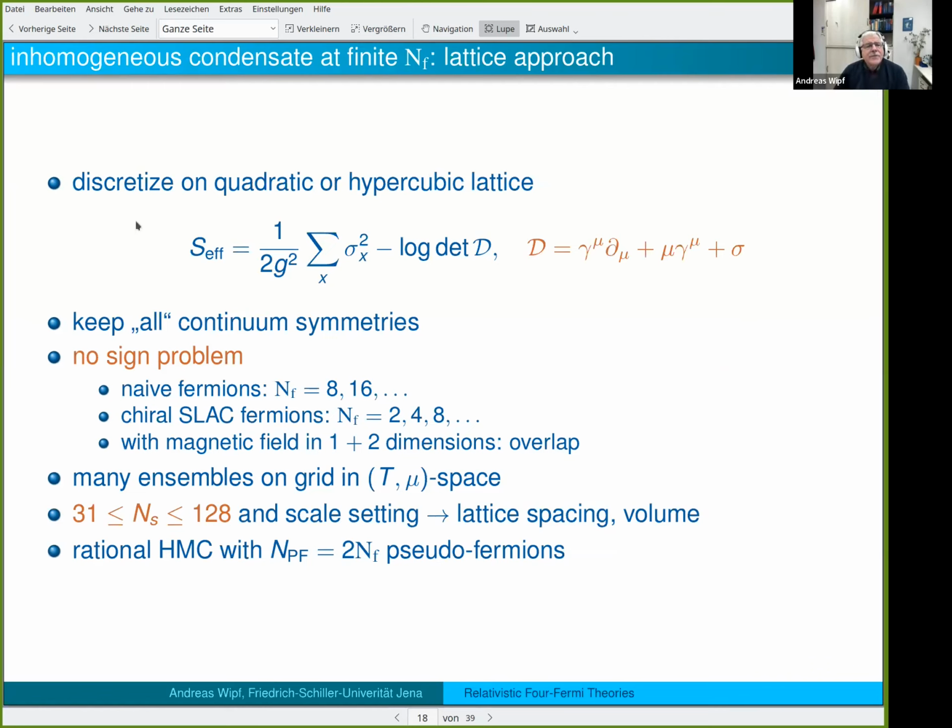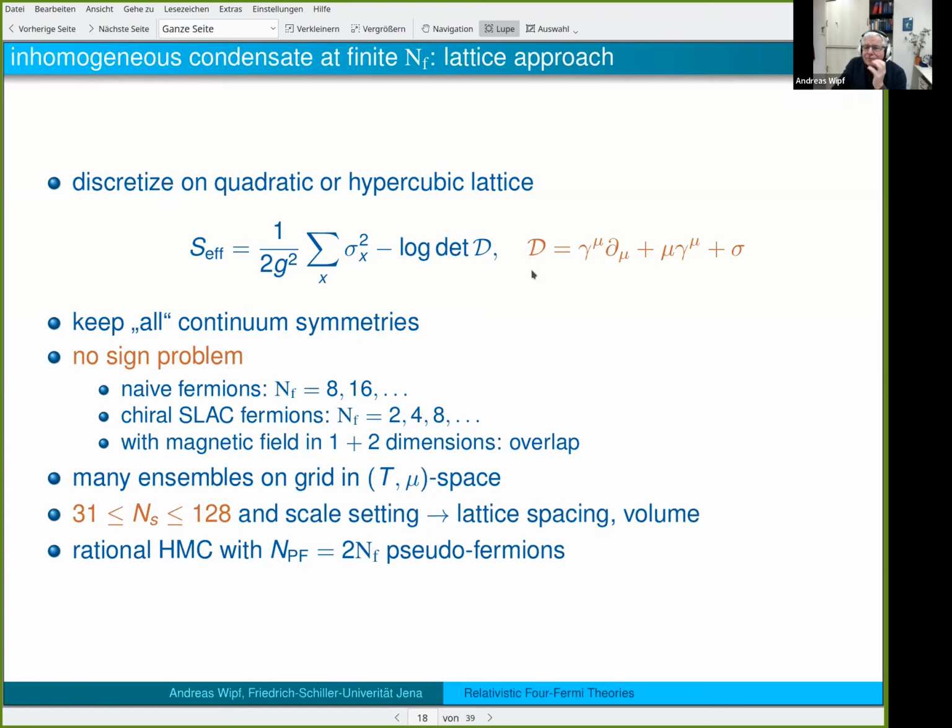So, we integrate out the fermions. Then we are left with this effective action, the log determinant of the Dirac operator, again this quadratic term of the auxiliary field, but now put everything on the lattice. Now, we are interested in the chiral properties of these models. We want to study the chiral condensate, in particular inhomogeneous condensates.